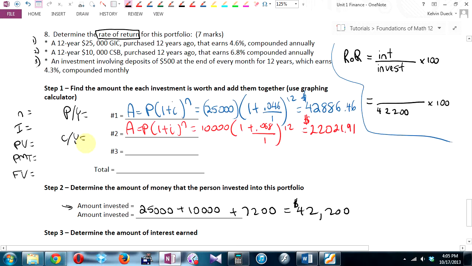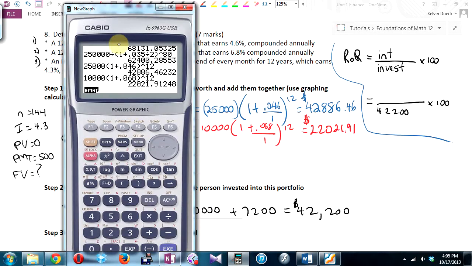How often? Every month, so it's 12. What is 12 times 12 in your head? 144. Interest rate, 4.3, and that one I type in as a percentage. Present value, doesn't look like he's starting with anything, but he's doing a payment of $500. Don't know the final value, what I'm trying to find. 12 per year, 12 per year.